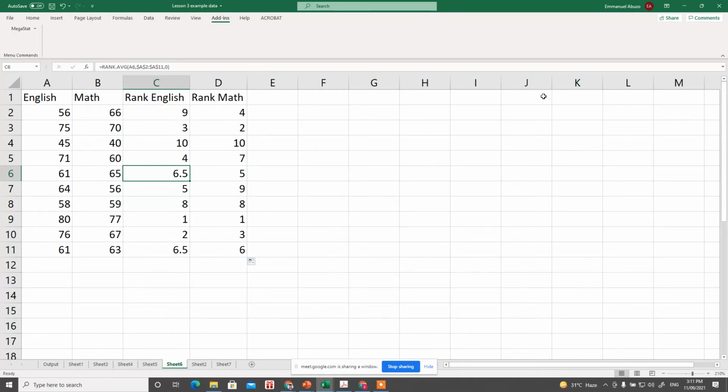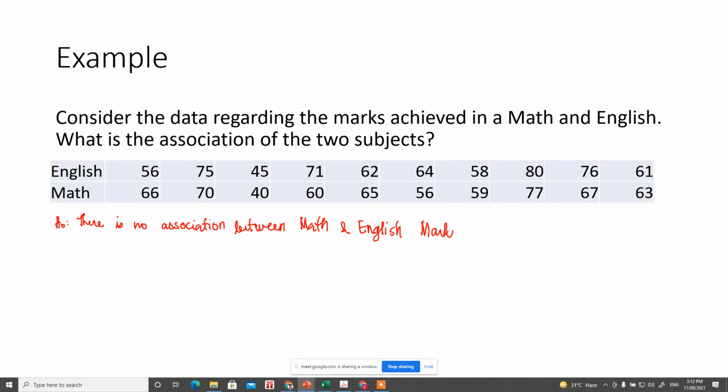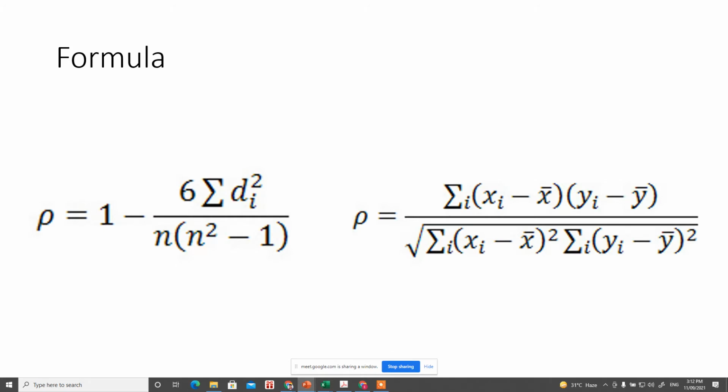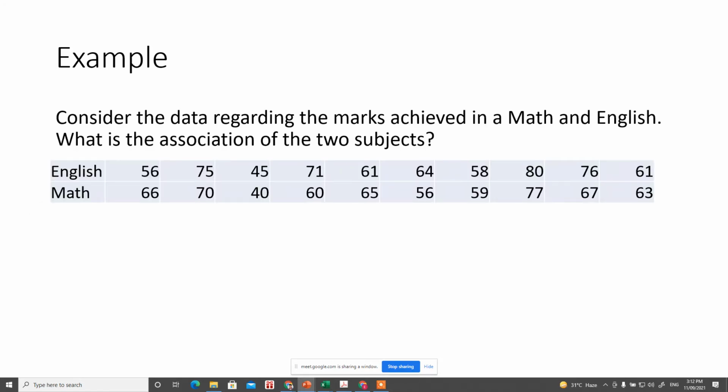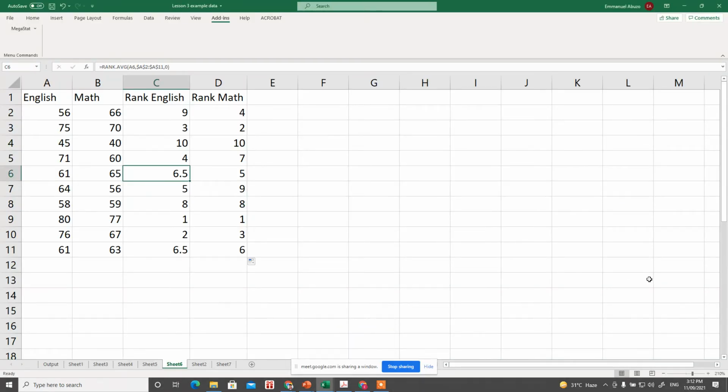Now, if we go back to the presentation, we are going to use the second formula because there is a tie. Let's continue.